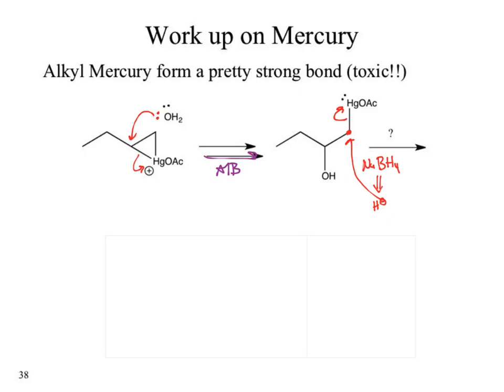The result, if we think all the way back to the very beginning of how this thing started, so I started with an alkene, and what I end up with at the very end, I added the OH and the H across the pi bond.